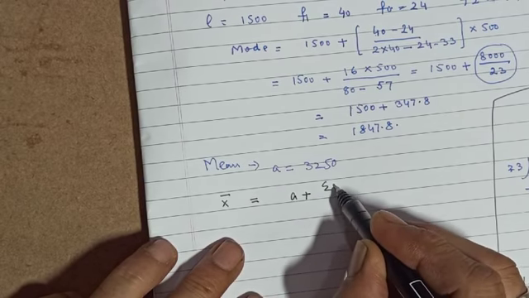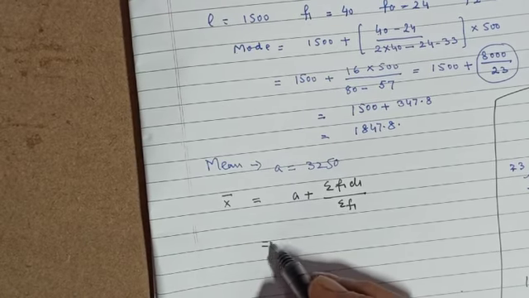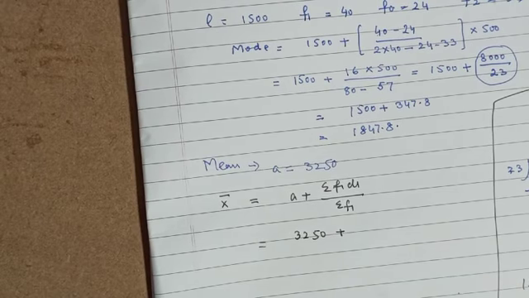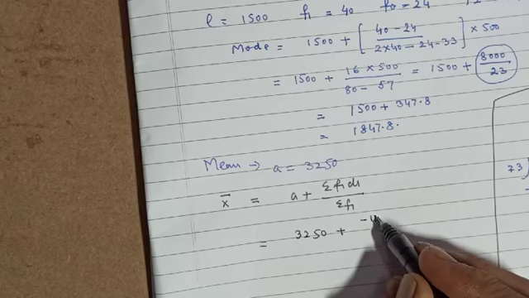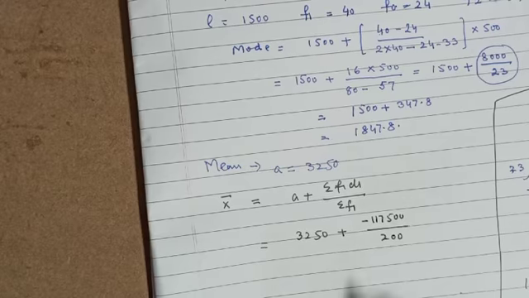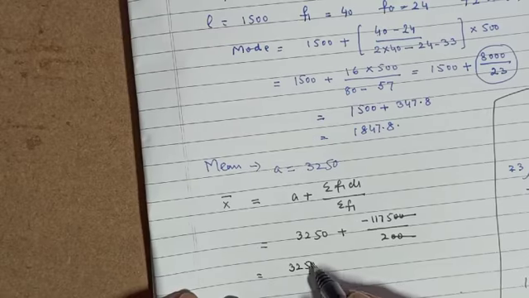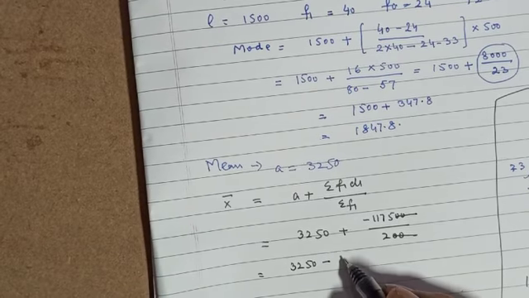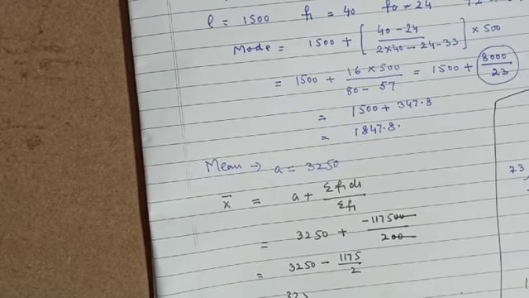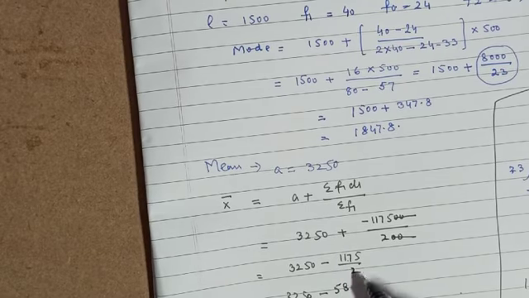A plus sigma fi di upon sigma fi. A is, here we have 3250 plus sigma fi di is minus 117,500 divided by sigma fi is 200, zeros cancel out, 3250 minus 1175 divided by 2. 3250 minus 587.5.